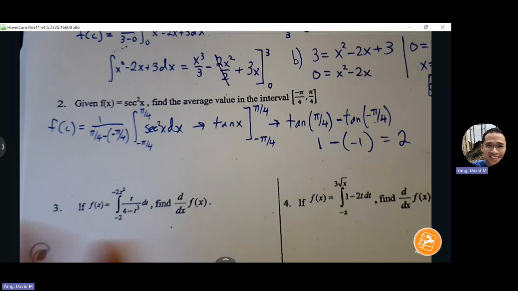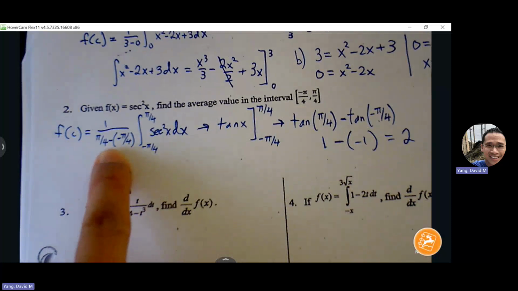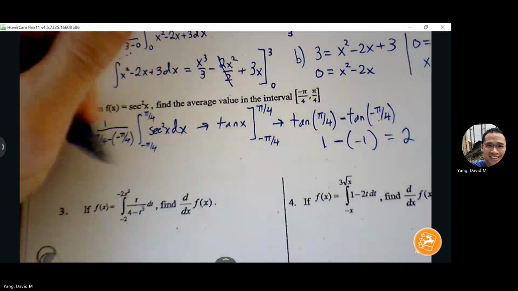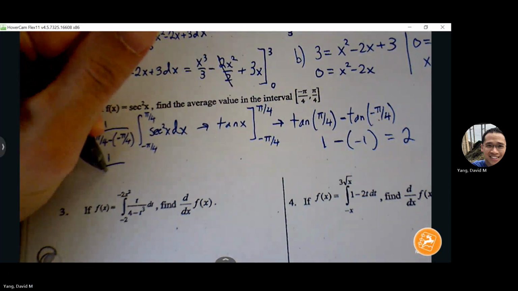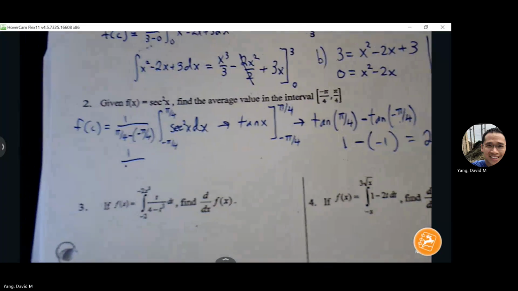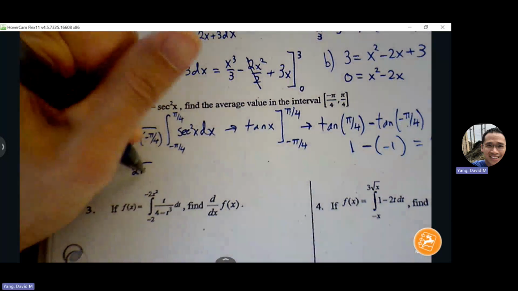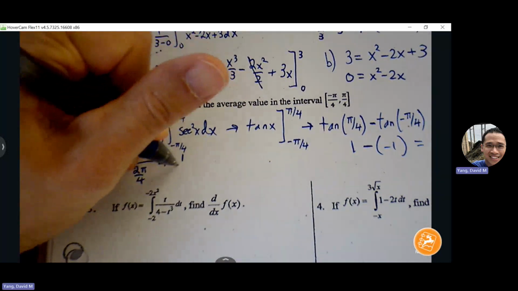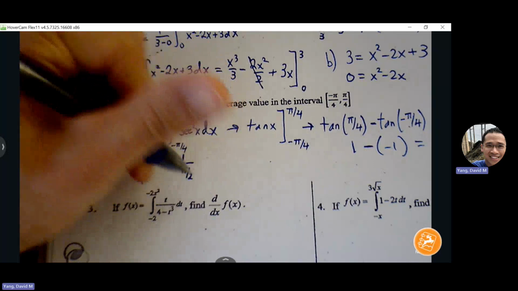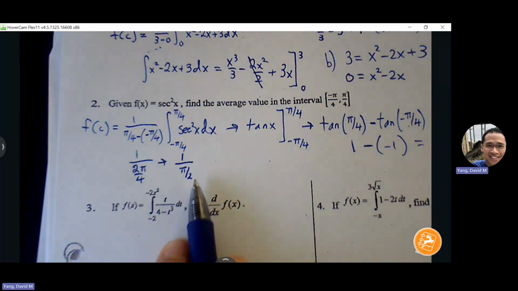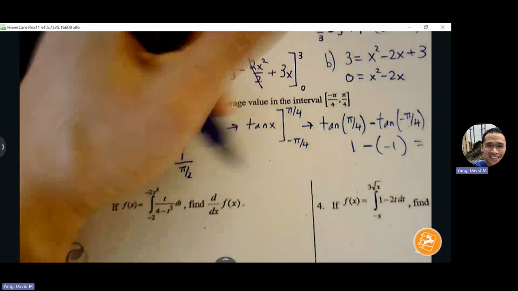That's the area component, right? We still have to worry about this coefficient out in front. So if I combine those together here, what's pi over 4 plus pi over 4? Yeah. So which is what? 2 pi over 4, which is pi over 2. And a pi over 2 in the denominator is the same thing as what? 2 over pi in the numerator, right?